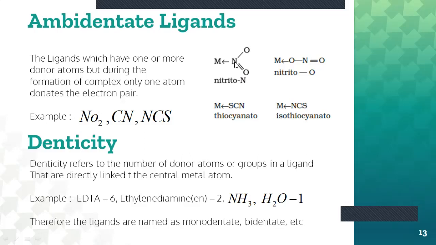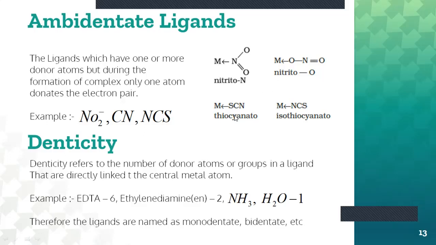Therefore, if nitrogen donates the electron pair to the central metal atom, it will be written as nitrito-N. And if oxygen donates the electron pair to the central metal atom M, then it will be mentioned as nitrito-O.